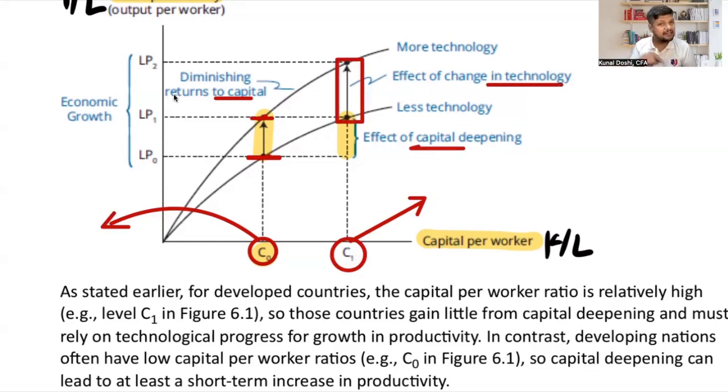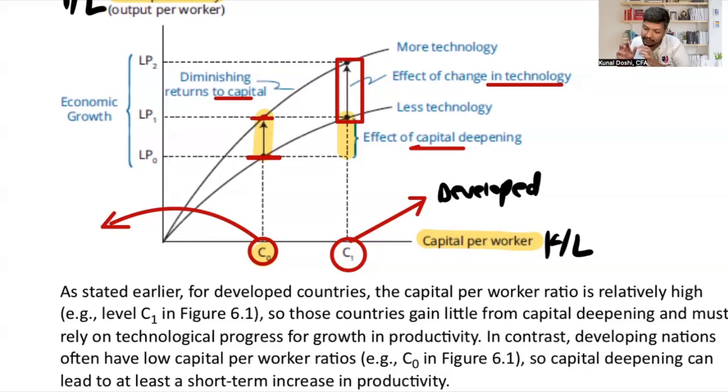Can you tell me this C1 will be which type of countries? Developed or developing? They are developed economies. Why? Because majority of their growth is coming not from capital deepening. They are already having enough capital. So the only way for them to grow is through technology. Understood, everyone?